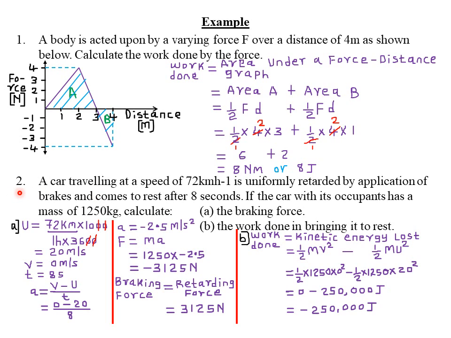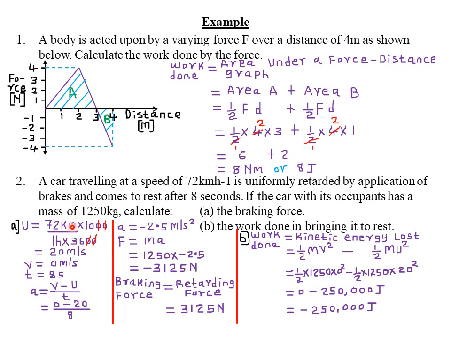Then part B, that is question 2, reads that a car is traveling at a speed of 72 kilometers per hour. So remember, 72 kilometers per hour is the initial velocity. Therefore, u is equal to 72 kilometers per hour. To convert into SI units, which is meters per second, we simply convert kilometers into meters. We know that 1,000 meters is equal to 1 kilometer.